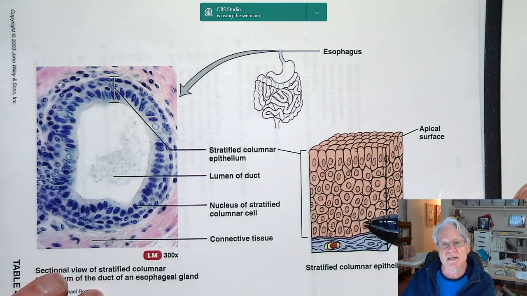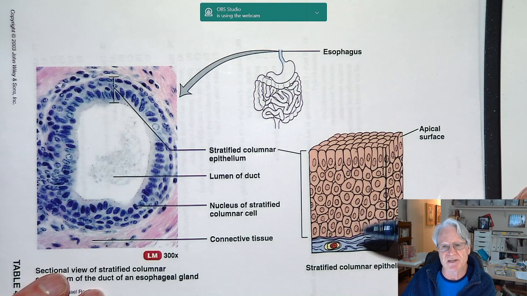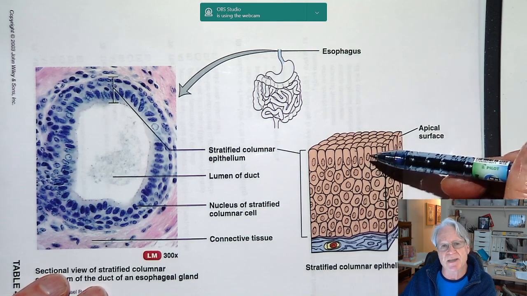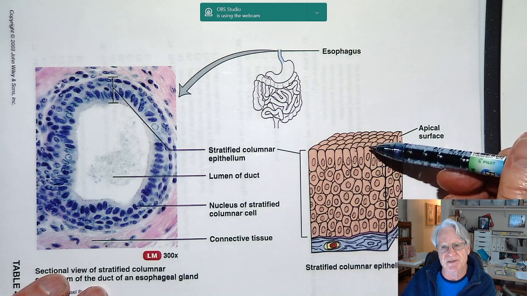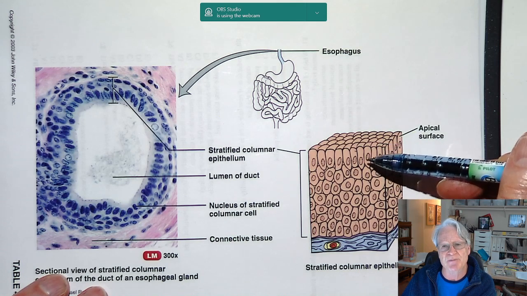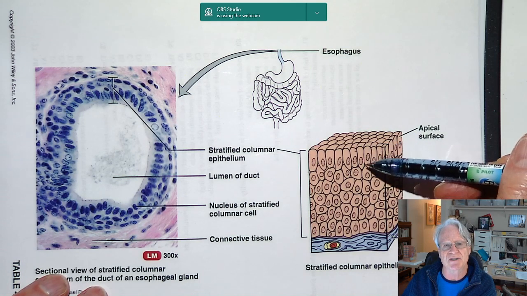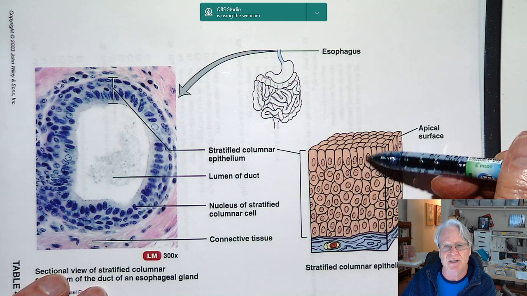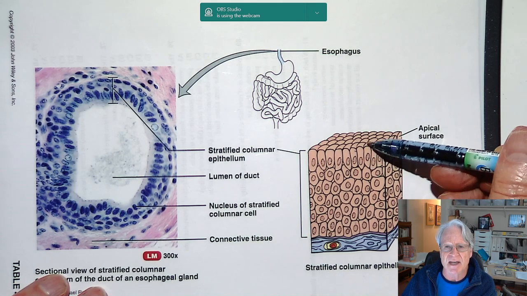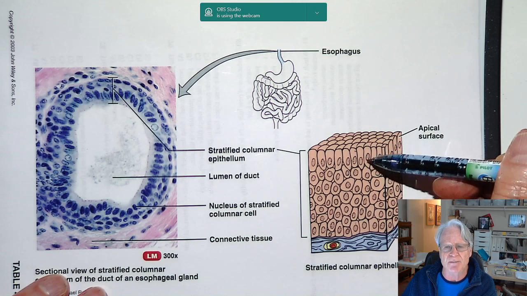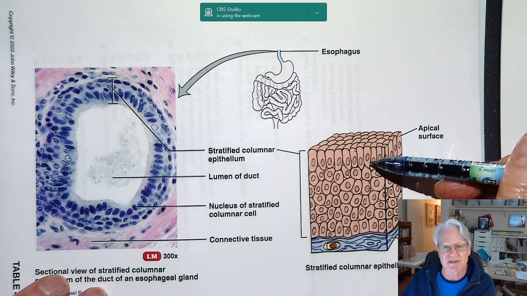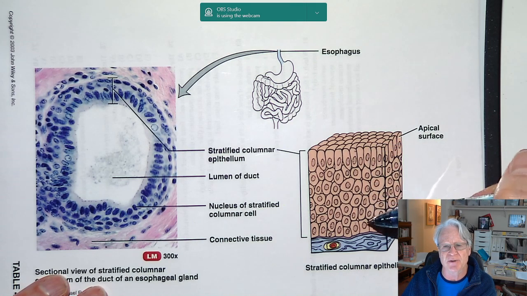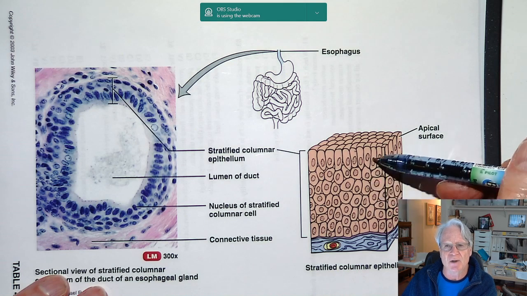So this often happens with stratified tissue. It's only typically the upper layer of cells that form the shape over which it's named. So in this case, stratified columnar. You can see that those are indeed column-like cells, but the cells underneath don't appear to be that strongly column-like, only the top layer.